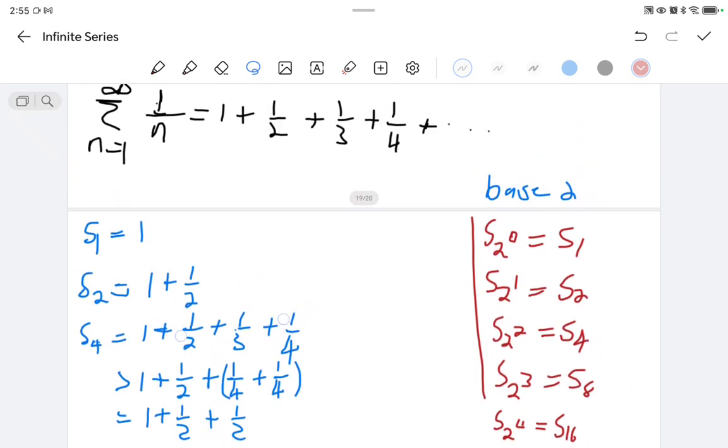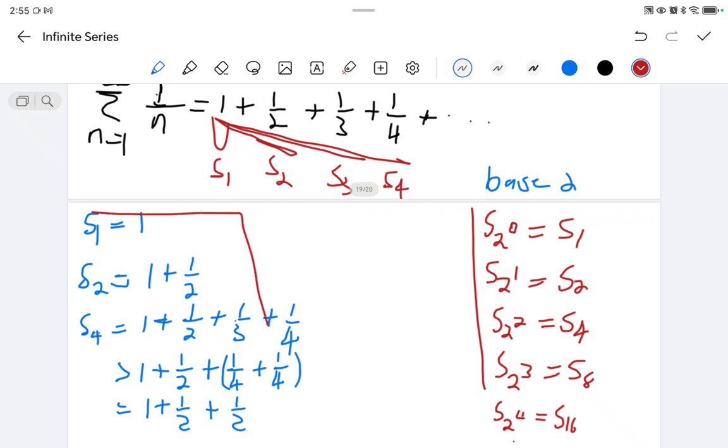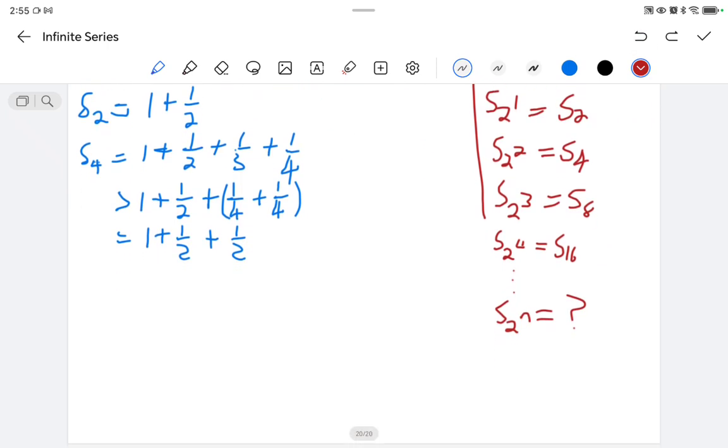Since this is my S1, I'll take it as this; this is S2, S3, S4. But on this part I'm only going to include these ones, because I'm looking for S2 to the n, this subsequence.